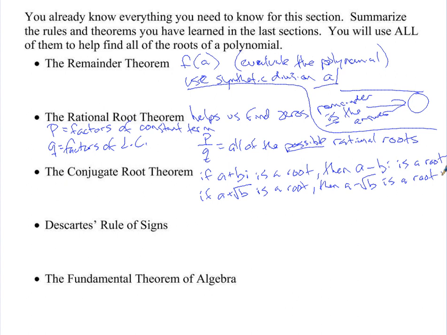So Descartes' rule of signs gives the number of positive real roots. How do we know how many positive real roots we can have? Yep. From the number of sign changes in the polynomial p of x.